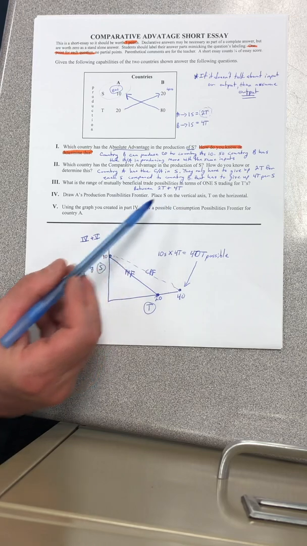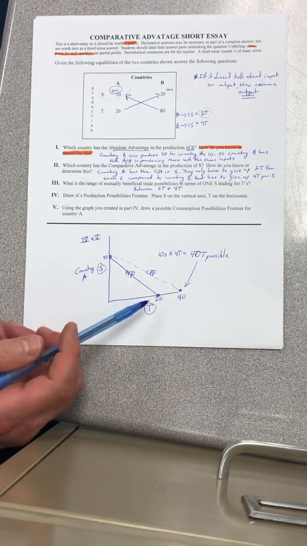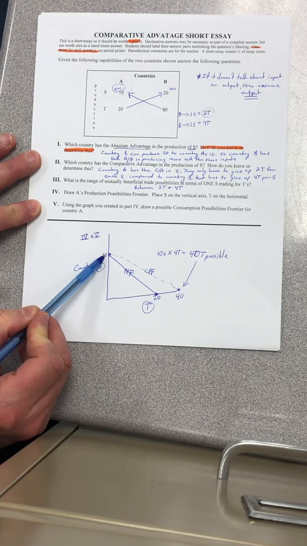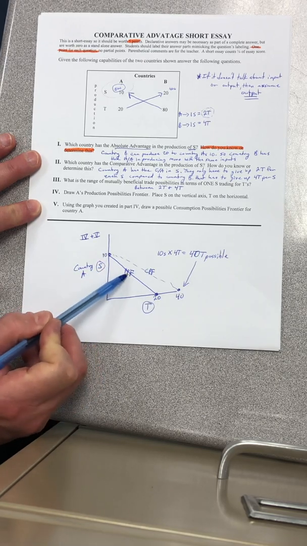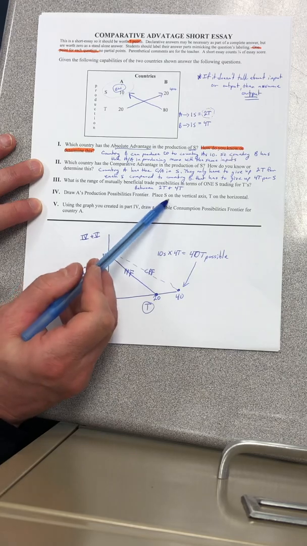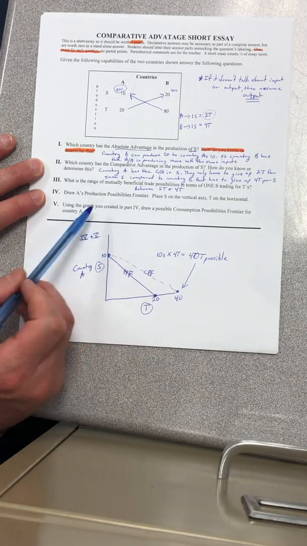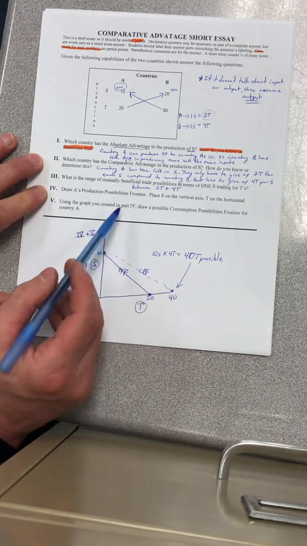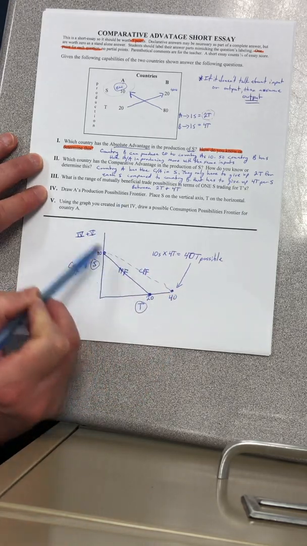Place S on the vertical axis, T on the horizontal axis. Country A can do 10 S typically, and 20 T, so I put that there. Now do the PPF, the production possibility curve. Sorry, I did the PPF for number 4.